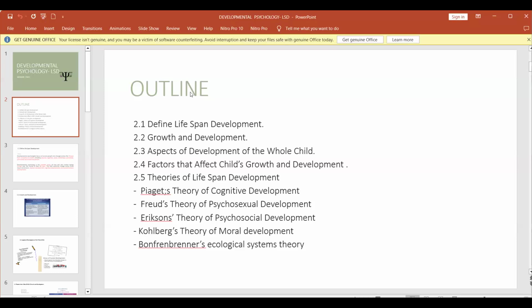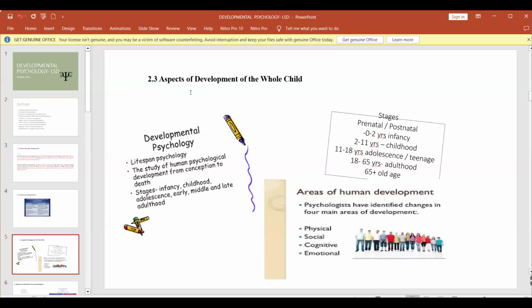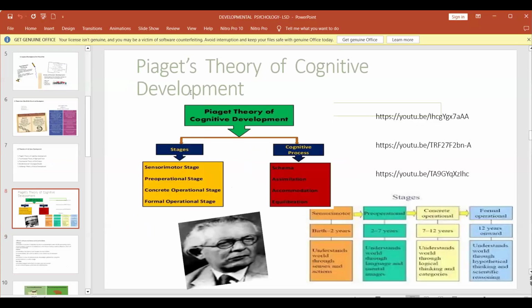We discuss Piaget under three components: underlying principles, the cognitive process, and the stages of cognitive development.